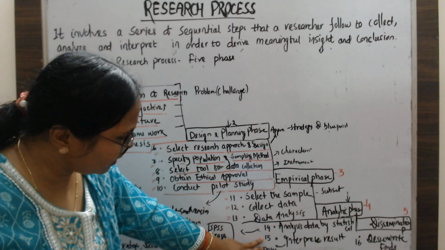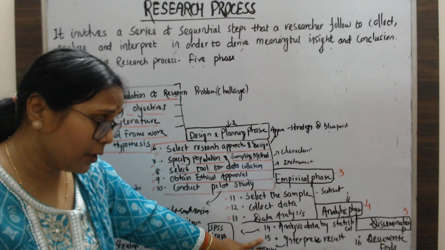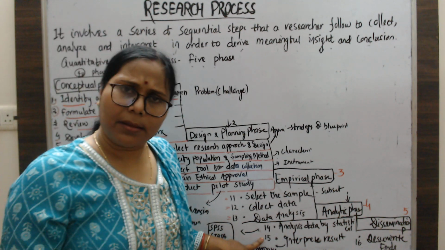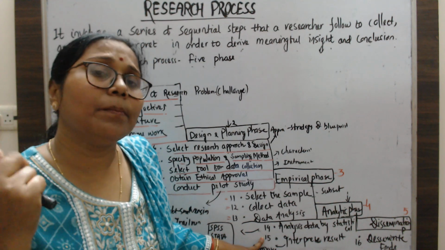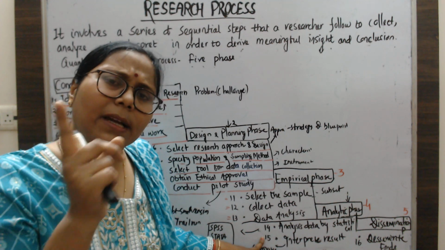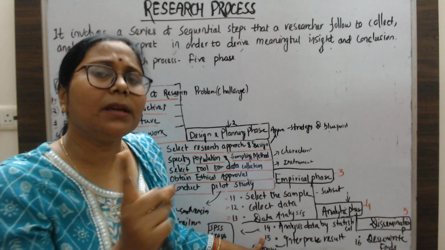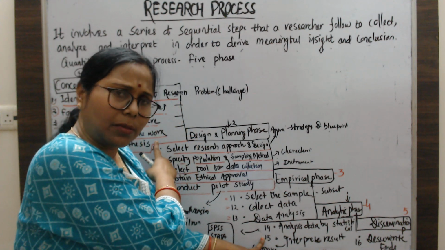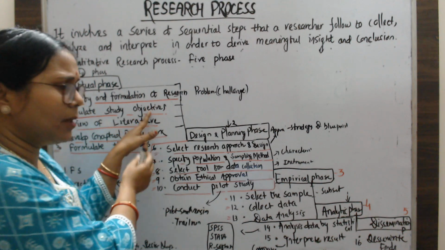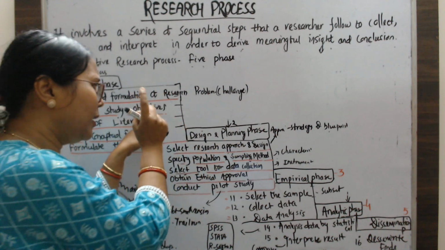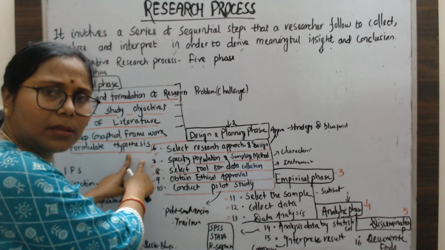Next, the 15th point, that is interpreting the result. After statistical calculation you get the result, then compare this result. Does it achieve the objective, or does it support the hypothesis? Because in our first concept, we made the strategy, then objectives and also the hypothesis, that is the prediction.